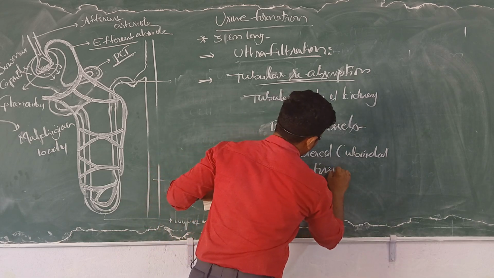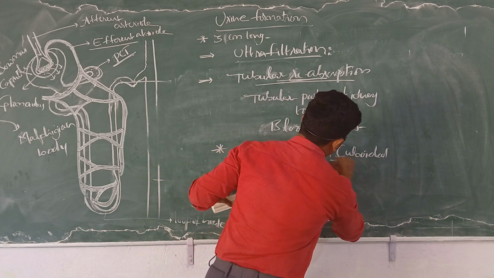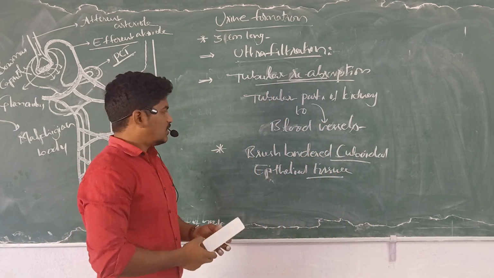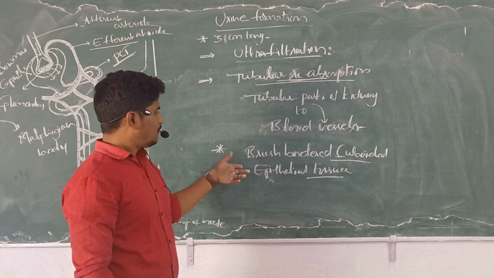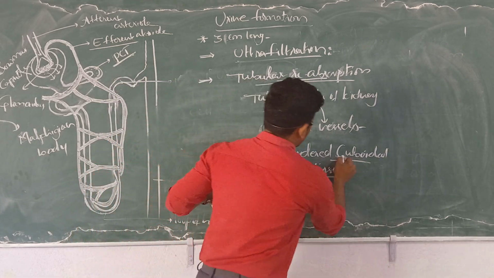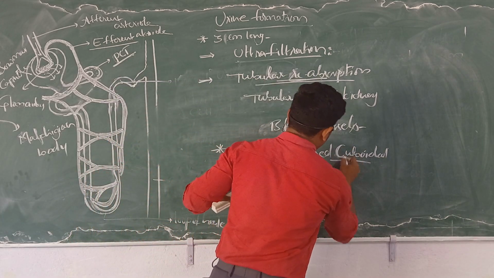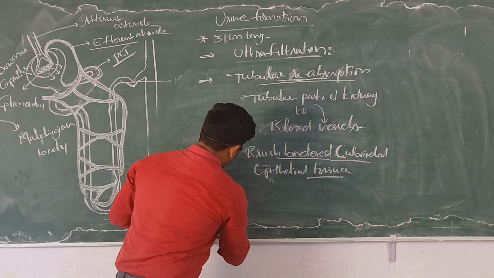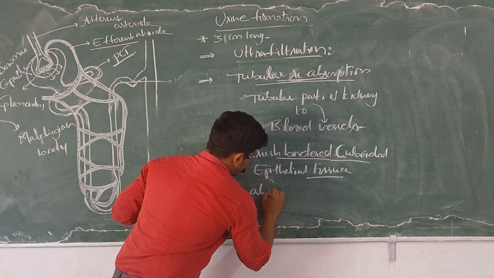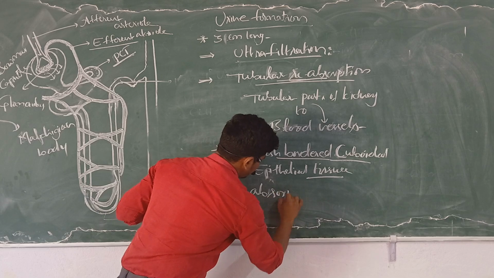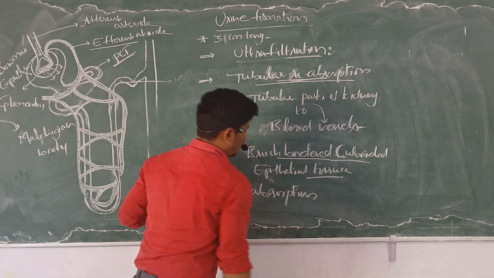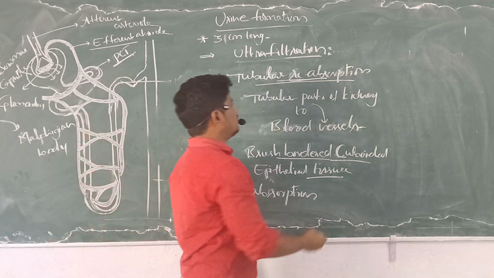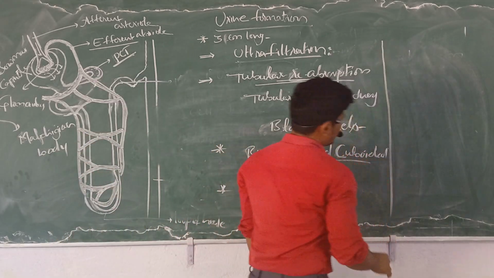Remember, cuboidal is given, but somewhere it is columnar also. Keep that in mind. And why brush border? Because of absorption. Then what is going to be absorbed here? We have to remember the things present there.